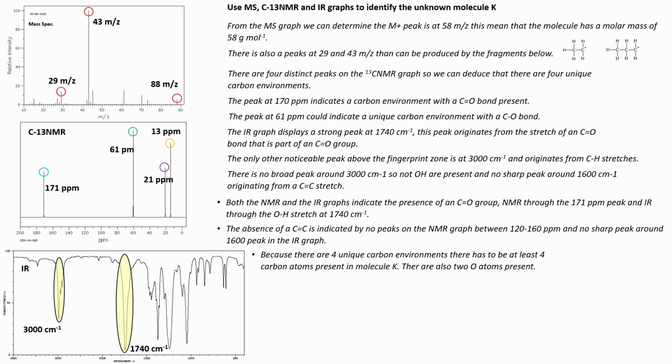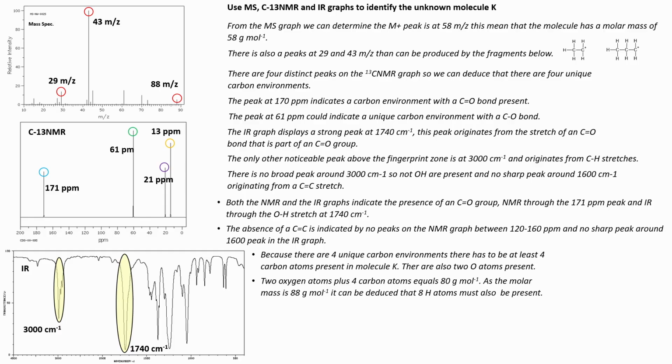We can also here, remember I talked about this before, we said that there were 4 unique carbons, so there must be at least 4 carbons, but we also know that there are 2 oxygens present, because this green peak here and the blue one both represent that they're attached to an oxygen, a double bond and a single bond. So because we know that there's 4 carbons and 2 oxygens, 4 carbons equals 48, 2 oxygens are 32, that's a molar mass of 80.